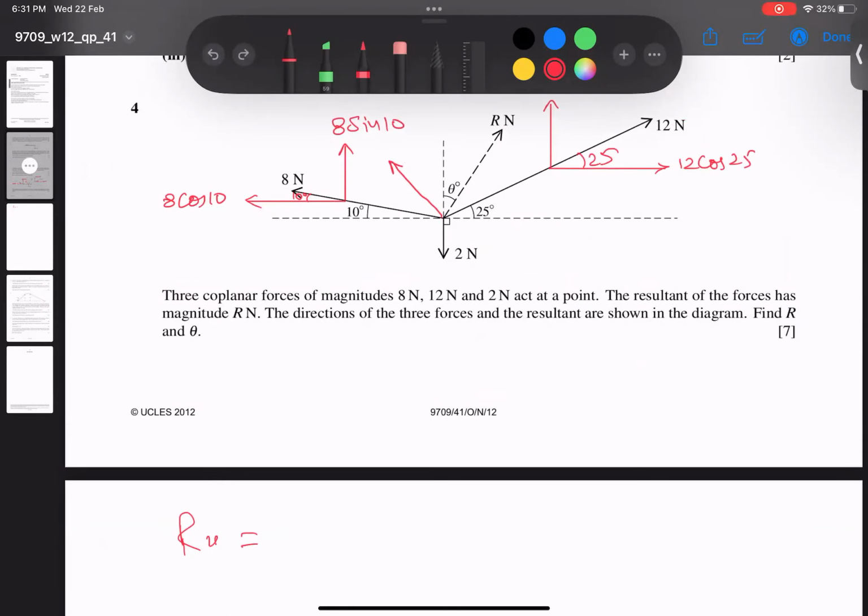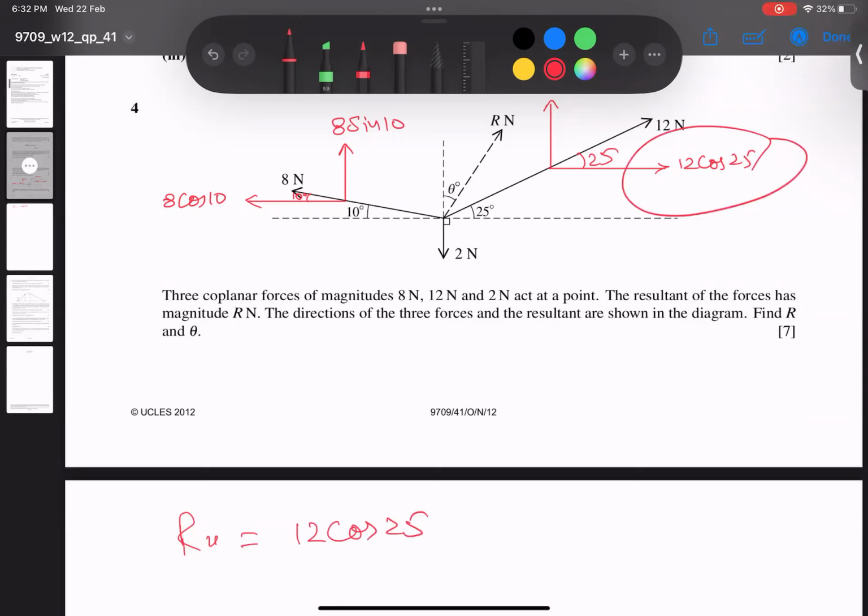In the current scenario, because R is this way, Rx is acting to the right side, so the net resultant x component acts right. So this force is bigger, and I will start from here and end here. I hope you got the point. I repeat again: 12 cos 25 I took here minus this force.